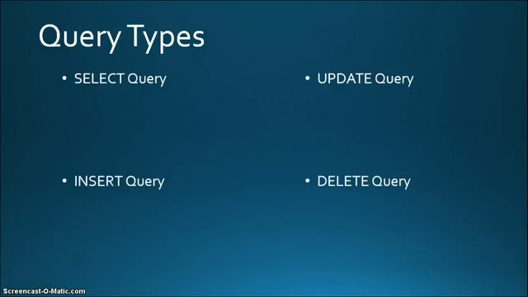Okay? So a select query basically just retrieves your data for you. You can tell your database, hey, I want that piece of information. Then you have calculations. You can say, I don't just want to know the actual data, but I want to be able to do a mathematical calculation or what we call a concatenation of information.